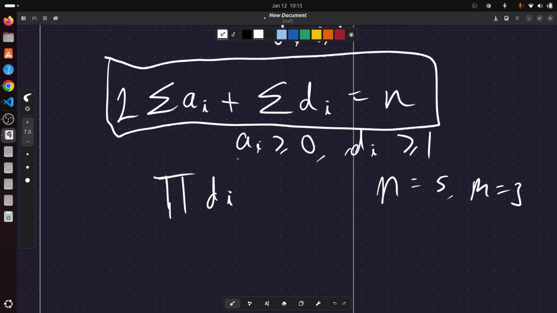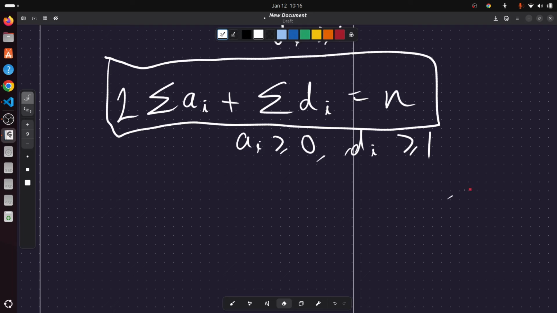So what I'll do is I'll assume that this summation ai is equal to some x, and find the answer for that in terms of x, and then I'll iterate over all the x's. So that is my idea.